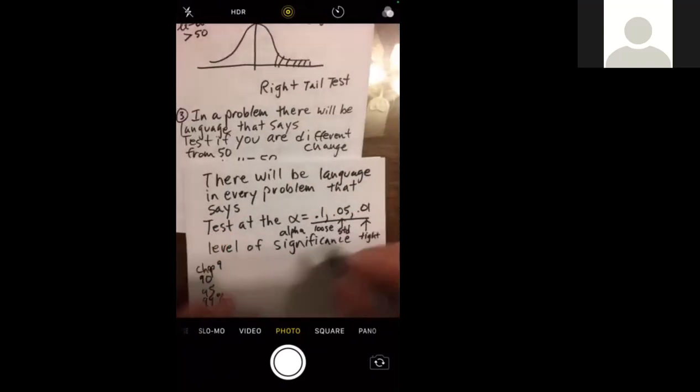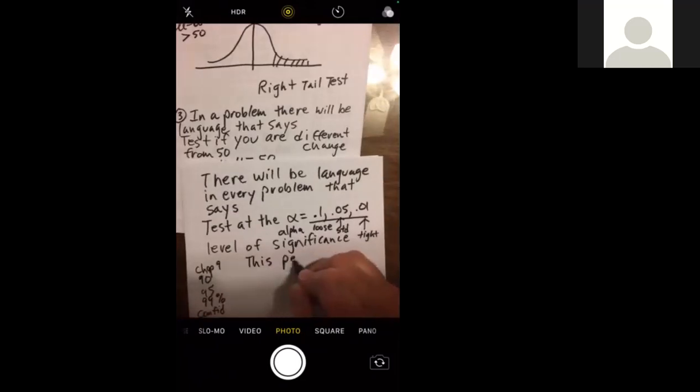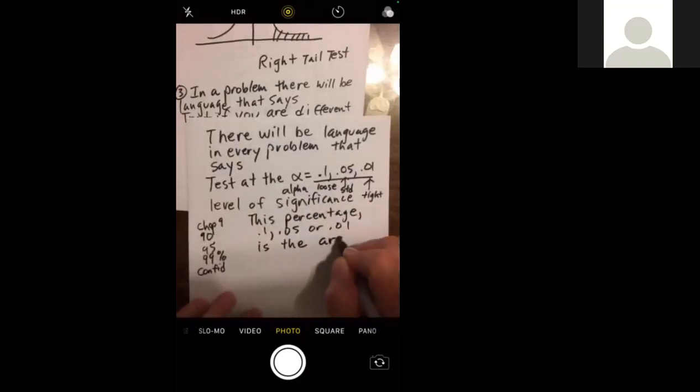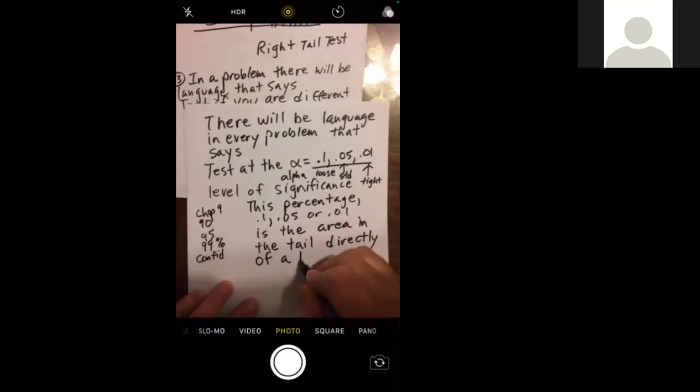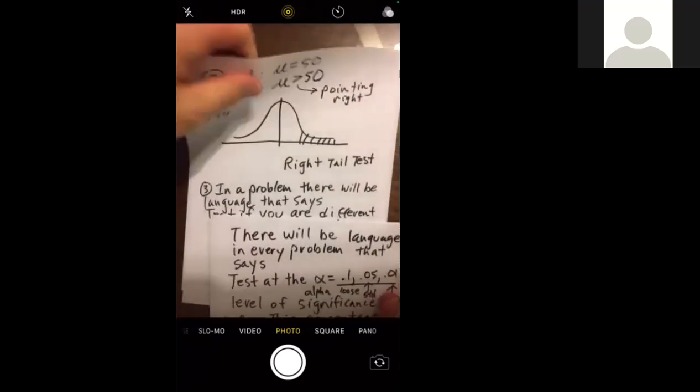This percentage, whether it's 0.1, 0.05, or 0.01, is the area in the tail directly of a left tail or right tail test. So let me call them back. Start with the left tail again.